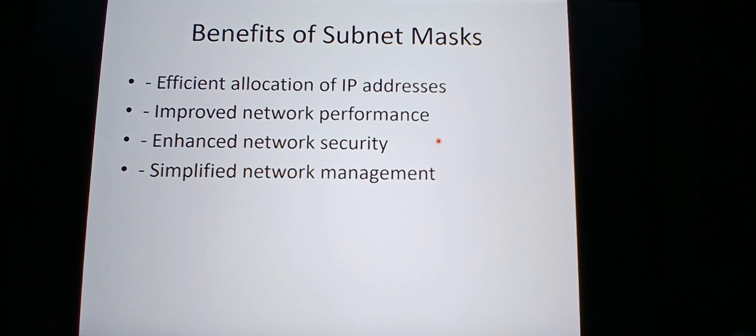Next, subnet masks provide improved network performance. This is because subnetting limits the size of each subnet. Therefore, the overall broadcast domain is reduced, which decreases unnecessary traffic. Next, enhanced network security.